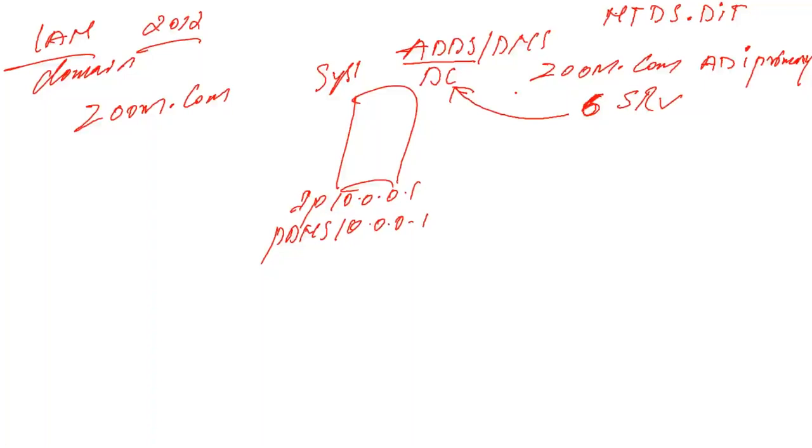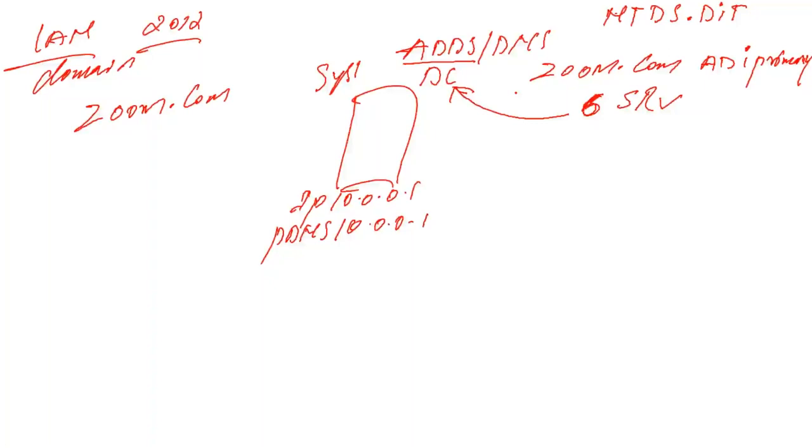So it means your complete Active Directory information is available in the DNS service, in the Active Directory Integrated Primary Zone, by the help of 6 SRV records. Now tell me, are this DNS service, this zone and these records important or not? Yes, they are very important, because the entire network information is available in Active Directory, but Active Directory information is available in the DNS service in 6 service records. That's why these records are very important.